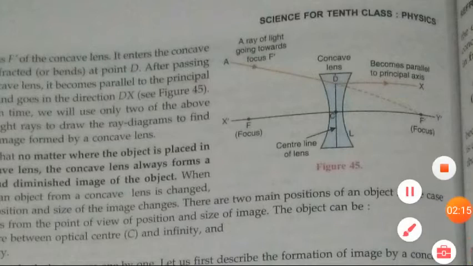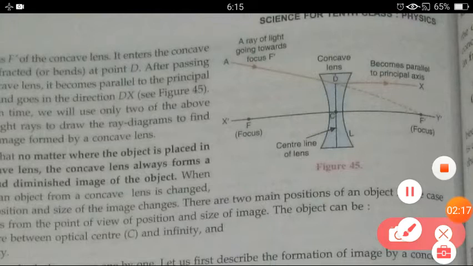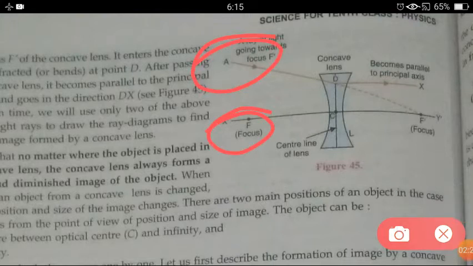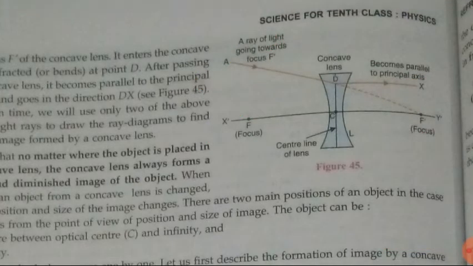But in this case you can see that the incident ray is coming from somewhere here and not from focus. So again we will imagine that when we extend this ray, it is passing through focus. So in this case, after refraction, the ray becomes parallel to the principal axis.